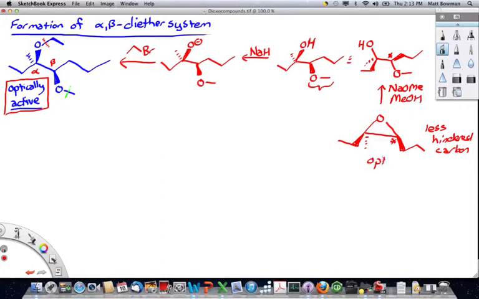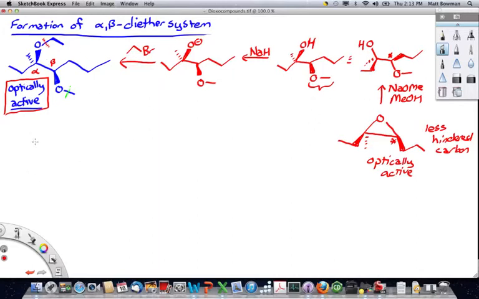Let's start with an optically active epoxide. We treat it with sodium methoxide and methanol, gives us this ether alcohol, which is optically active. Deprotonation of the alcohol gives the alkoxide. The alkoxide plus ethyl bromide gives us this product right here. So that's one possibility.